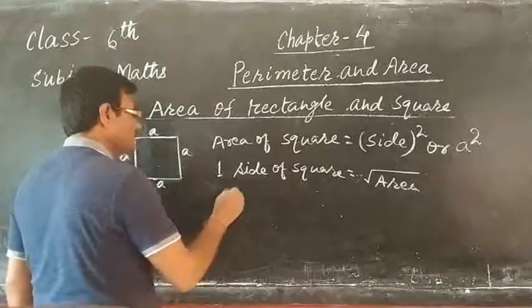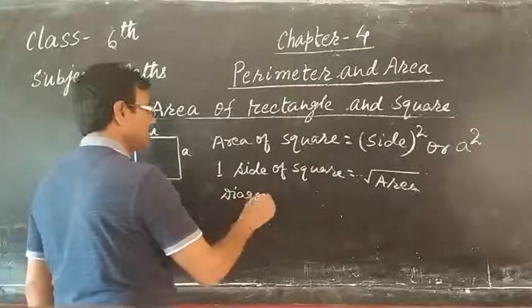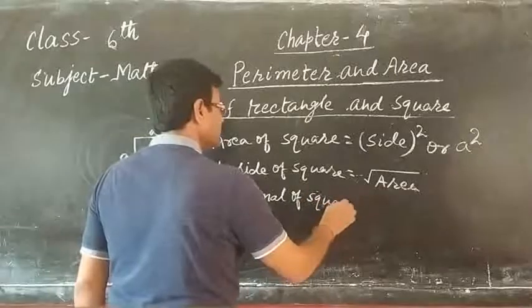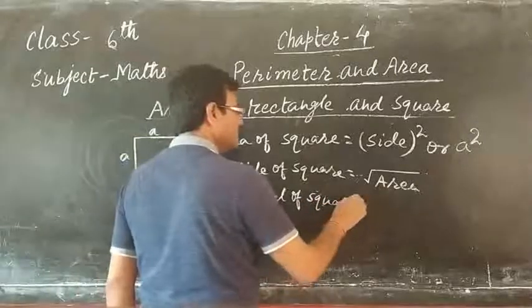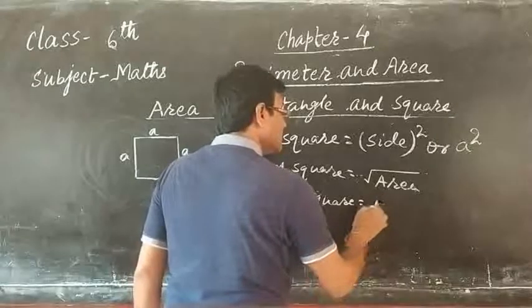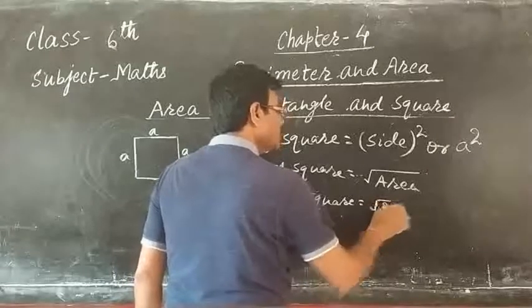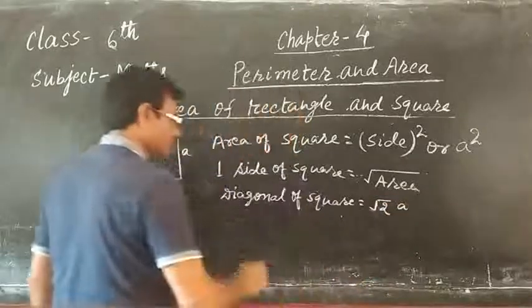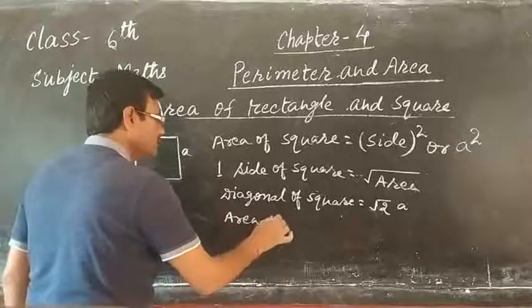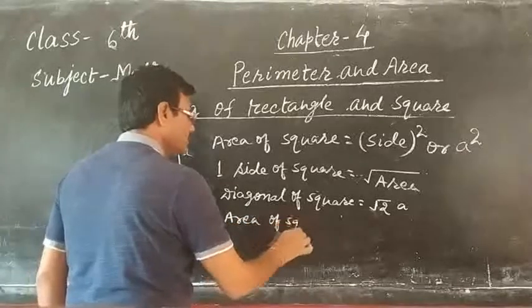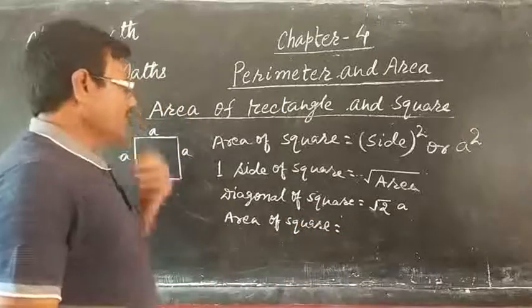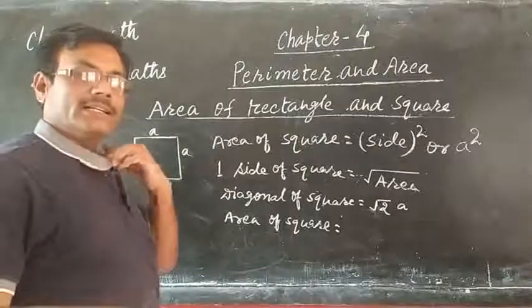Now diagonal of a square is equal to root 2 A, and area of a square can also be found by diagonal.